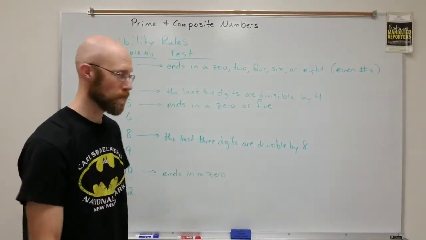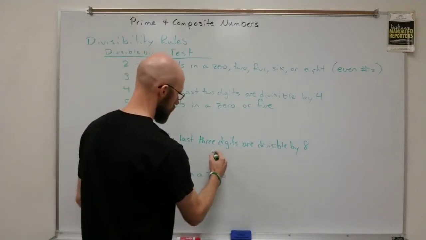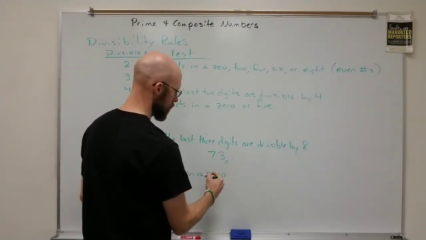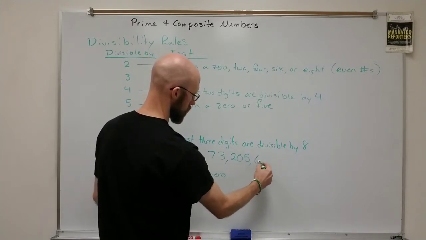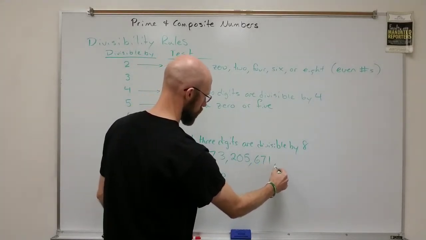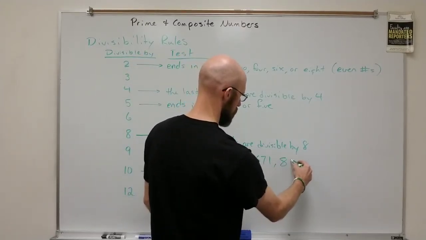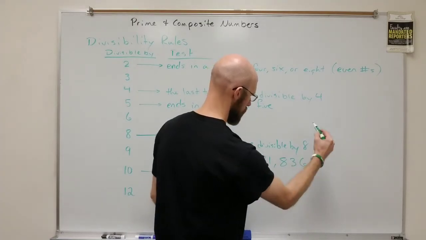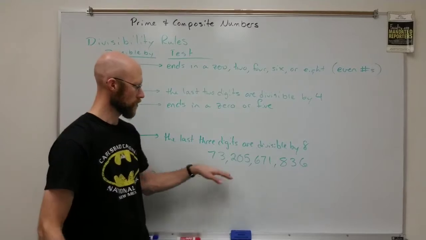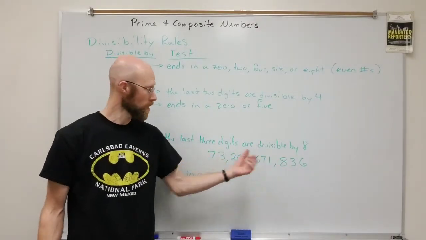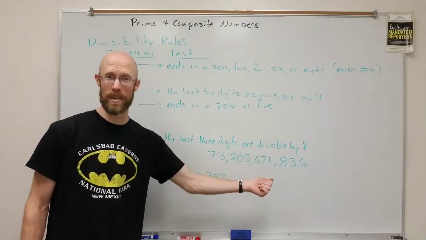So just a quick example, if I wrote out, I don't know, some big number like 73,205,671,836, and I wanted to determine if this thing was divisible by 8, well, who wants to do a longhand division with that thing, right? Or even punch that in a calculator.